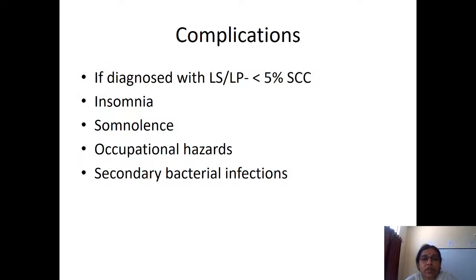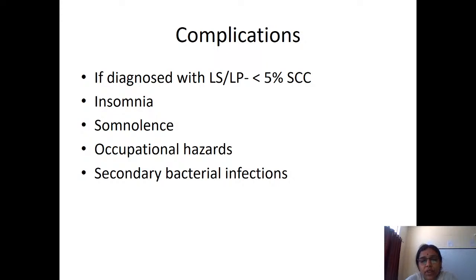And then the complications. So what if this condition is not treated? Particularly if you are suspecting either lichen planus or lichen sclerosus, there is always a 5% chance of these lesions turning into malignancy, that is squamous cell carcinoma of the vulva.